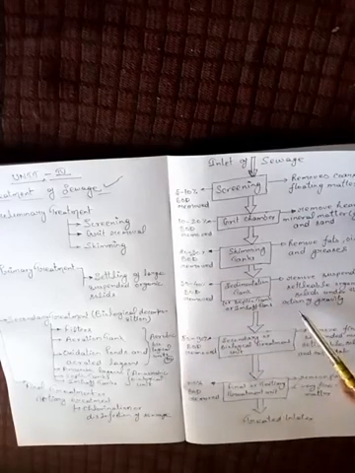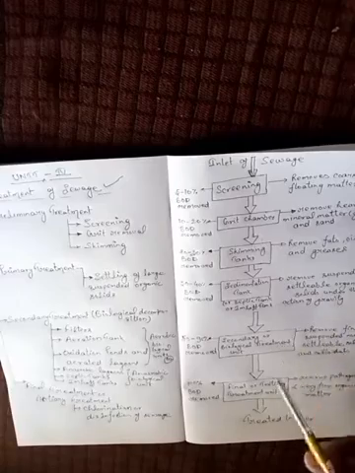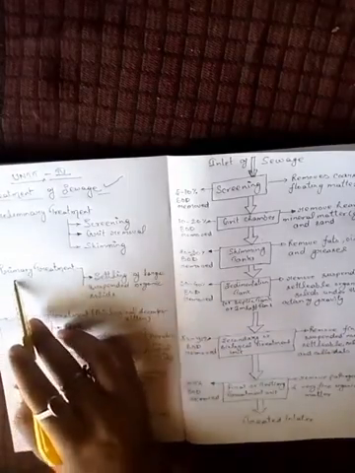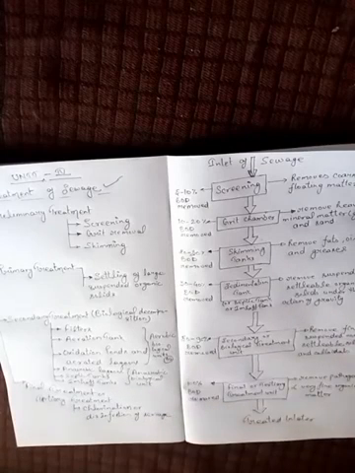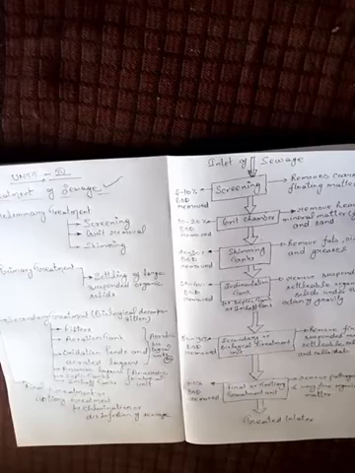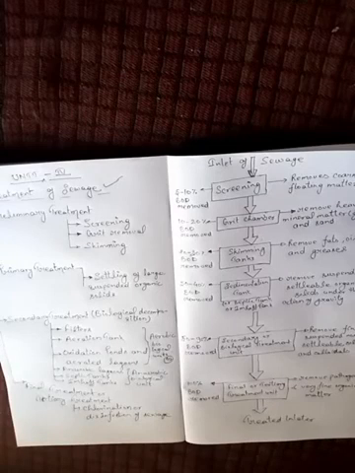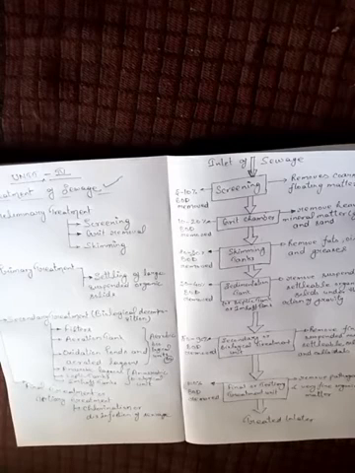After that, the primary sedimentation process occurs. That means the primary treatment of the sewage is started. In this step, suspended settleable organic matter in the sewage is removed by gravitational force.